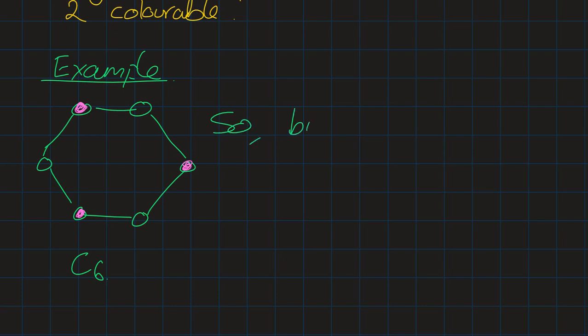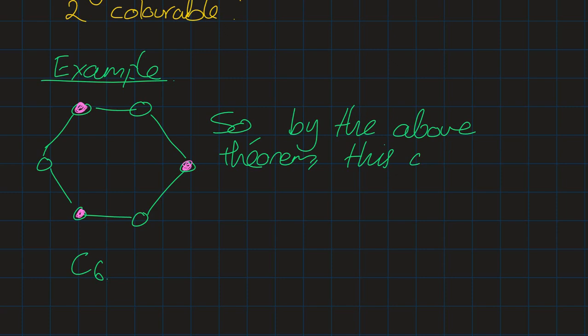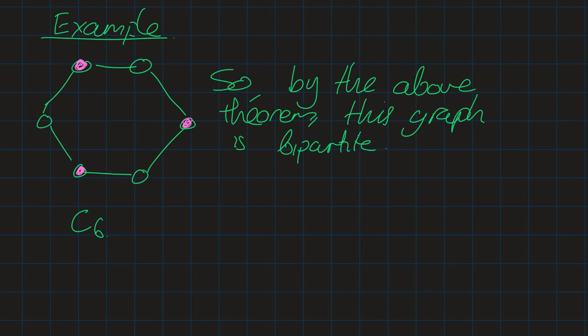So by the above theorem, this graph is bipartite. And if you wanted, you could redraw this graph with 3 vertices on the left and 3 on the right.